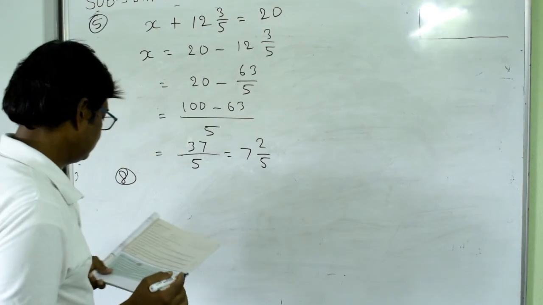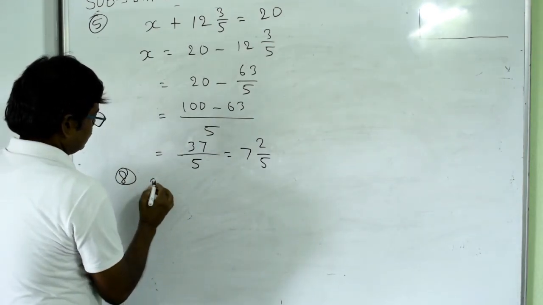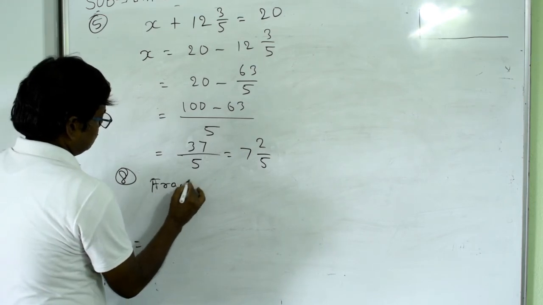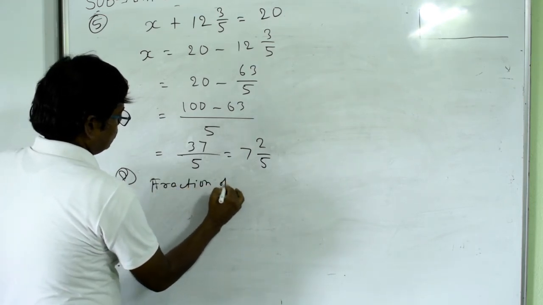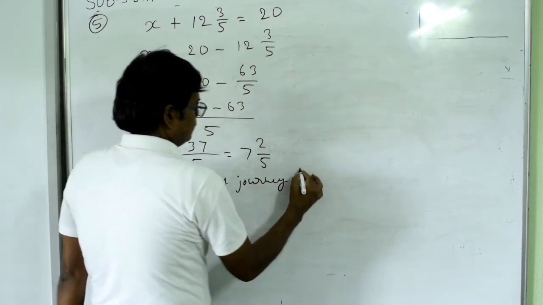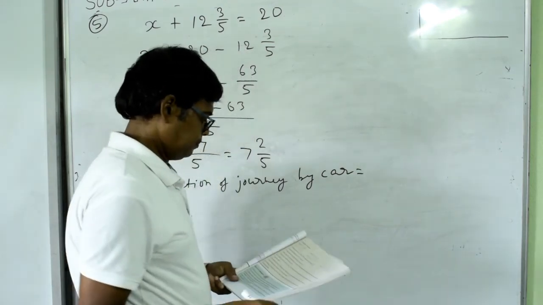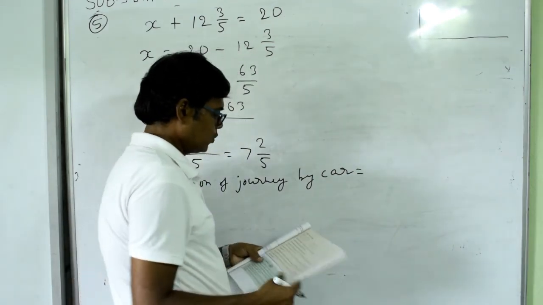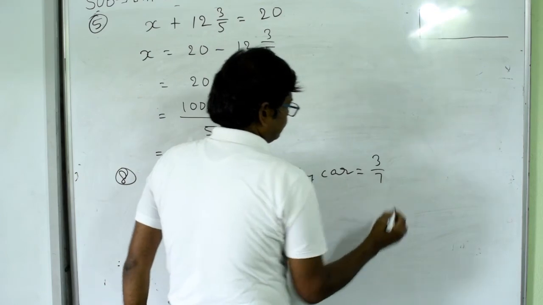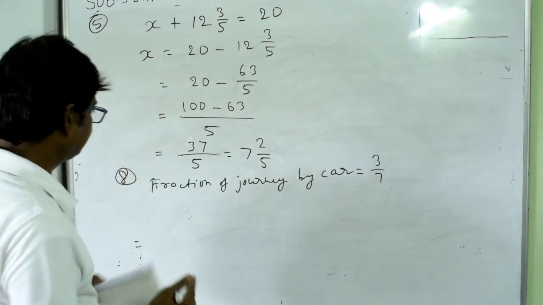So, right here, fraction of journey by car equal to 3 by 7. Then 4 by 21 by cycling.